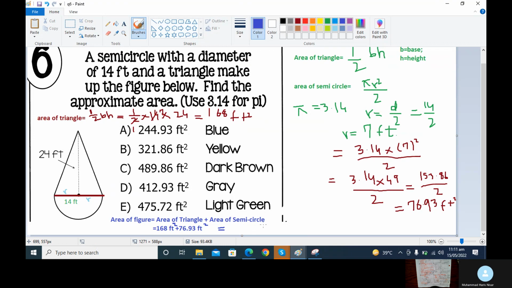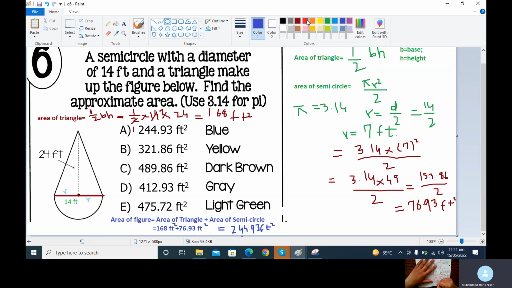So 76.93. Let me see. 243.93. Okay, 244.93. So that is the area of figure, 244.93 feet square. And what is that option?